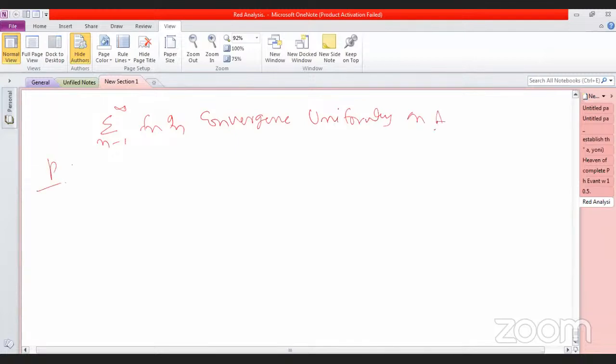I am taking the proof here. T n is equal to the summation of r equal to 1 to n of f r g r. Delta greater than 0. So g n tends to 0 here as n tends to infinity.